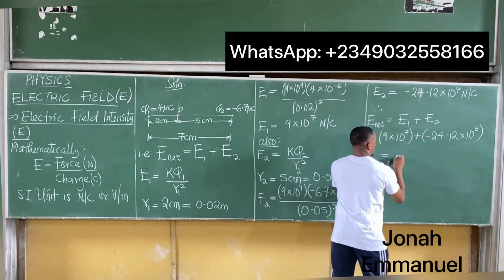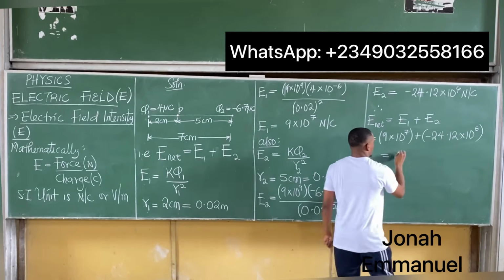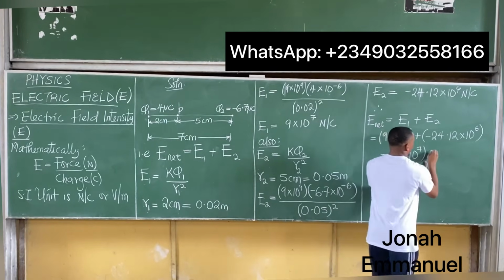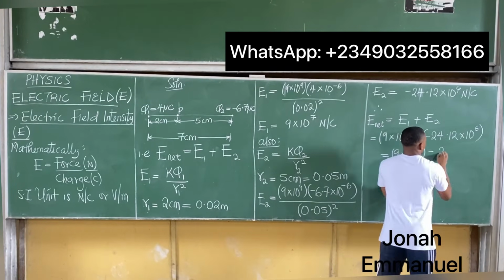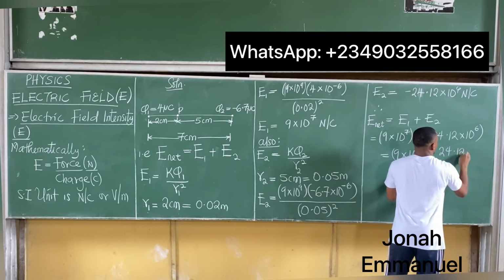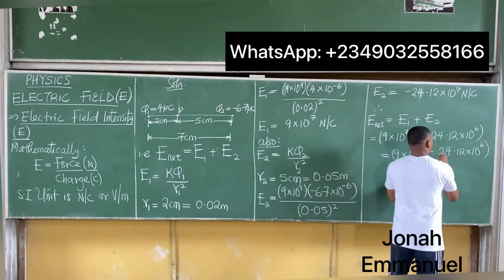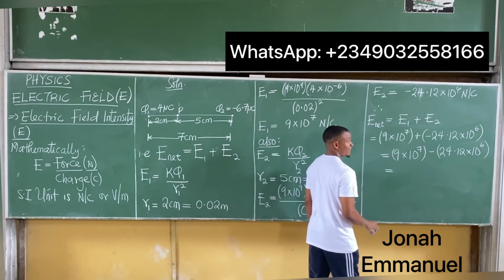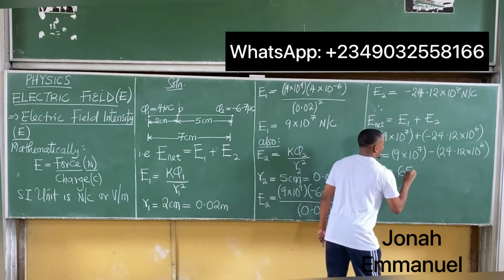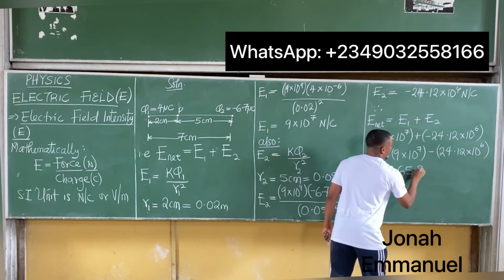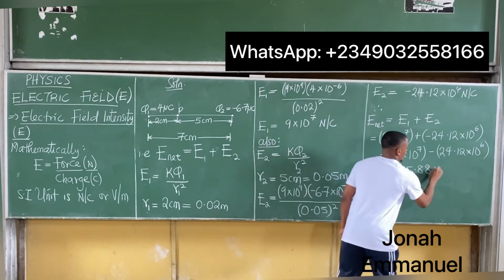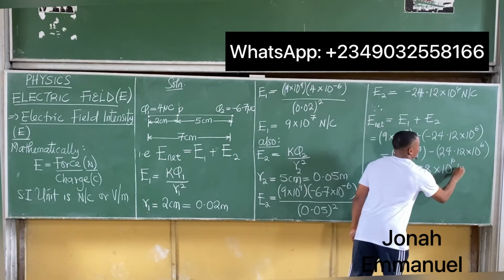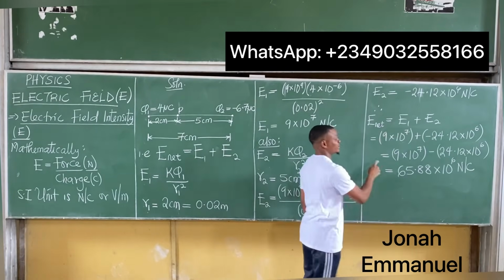If I remove the bracket, it becomes 9 times 10 to the power 7 minus 34.12 times 10 to the power 6. Plus minus is minus. So what do you have? 65.88 times 10 to the power 6 Newton per coulomb.